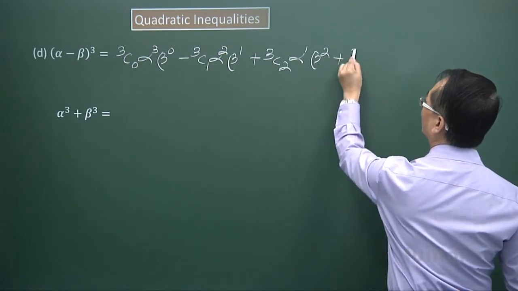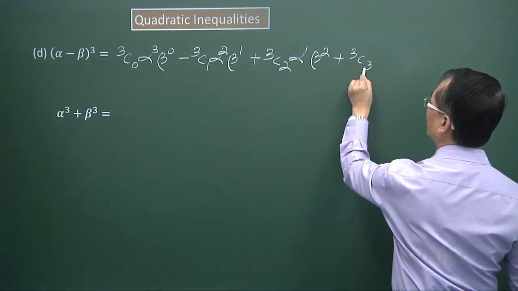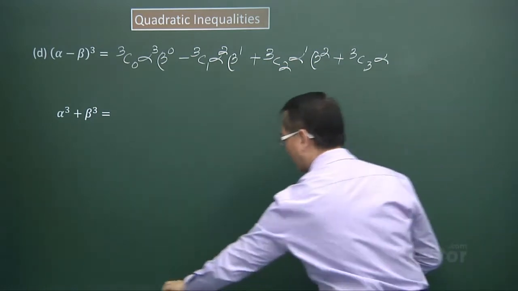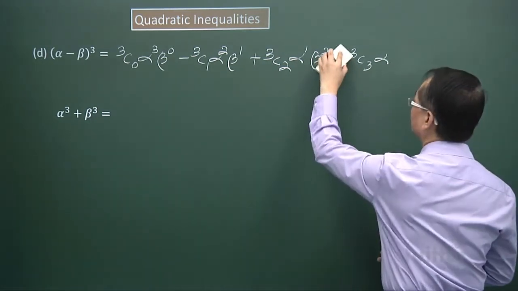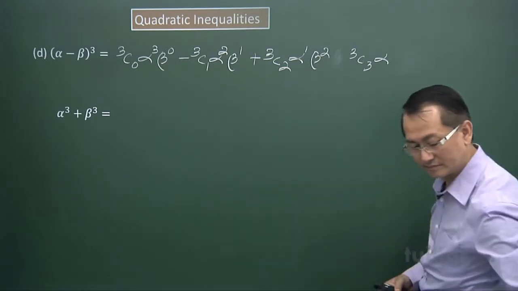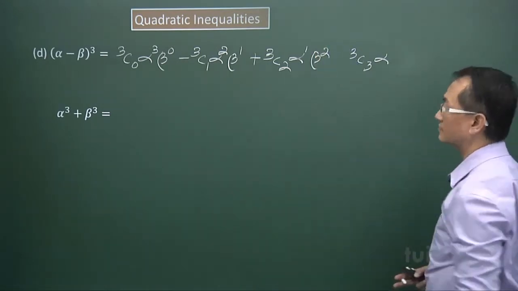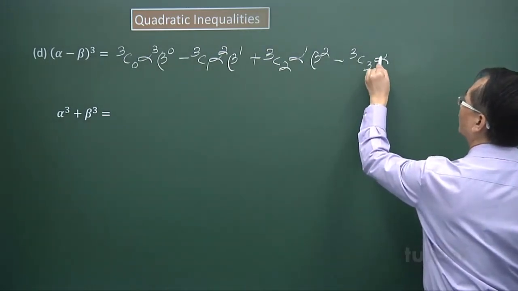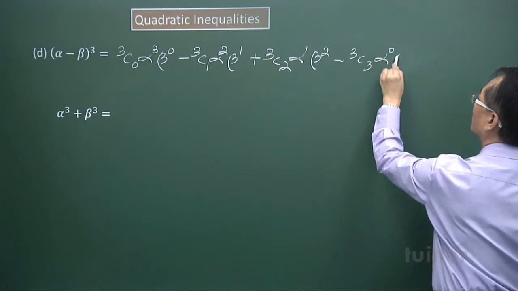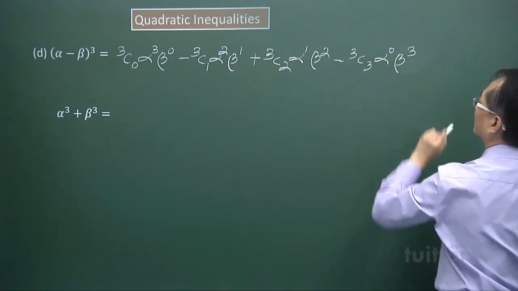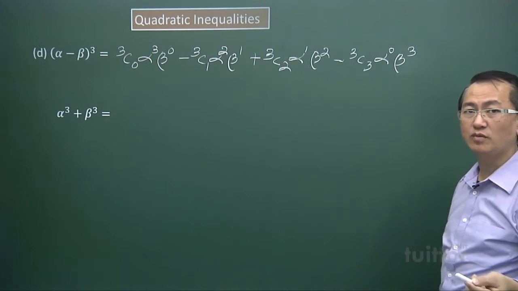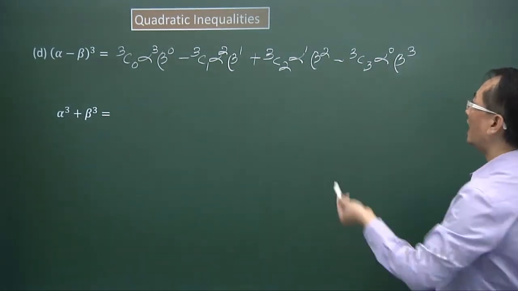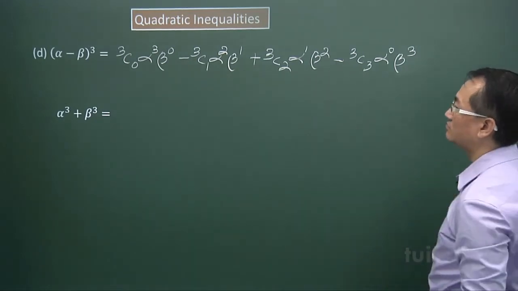Next, I will have 3C3 alpha to the power of 0, beta to the power of 3. Now that will be a negative term. You can see if I take the cube of the negative beta, I will have negative beta cube. Hence, this term is a negative term.